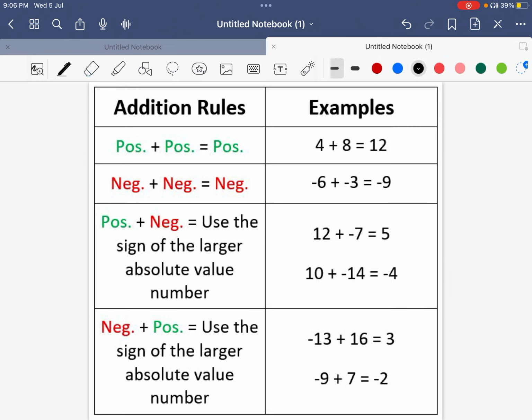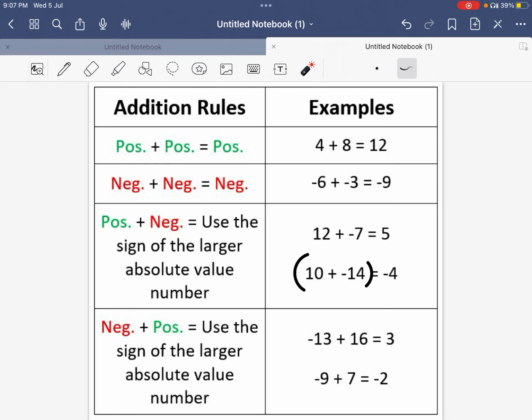Take an example similarly: 10 and minus 14. Here, let's consider 10 is the positive number and 14 is the negative number, and we have to add these two numbers.